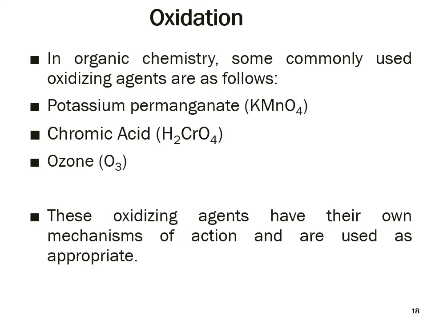We have also seen ozone in different reactions, like the ozonolysis reaction in alkenes for the oxidation of organic compounds. These different oxidizing agents are used at different places as appropriate, according to the conditions.